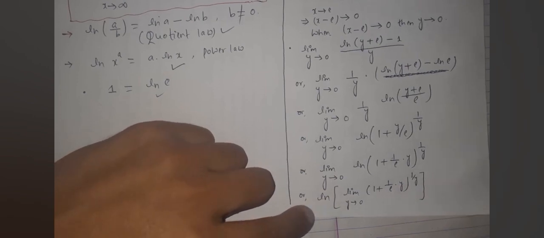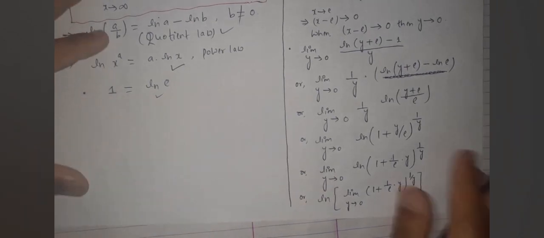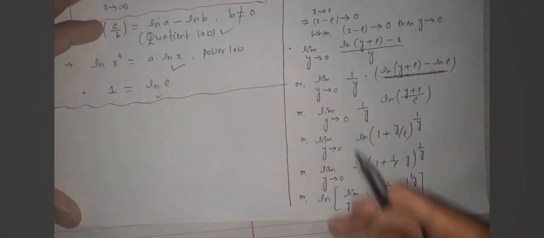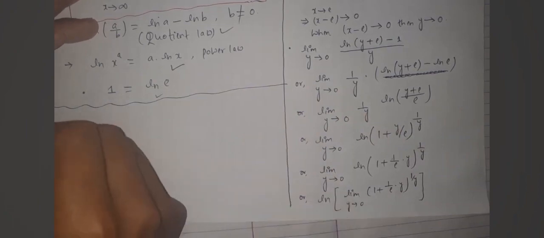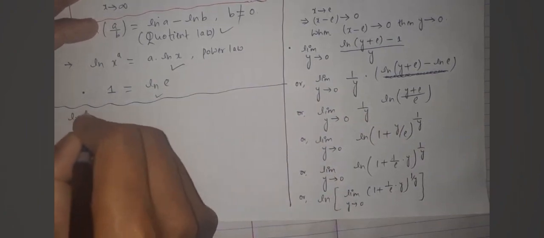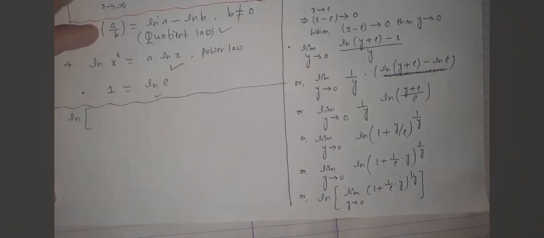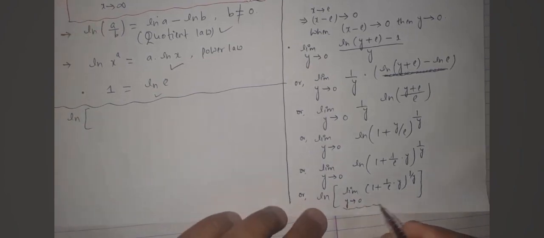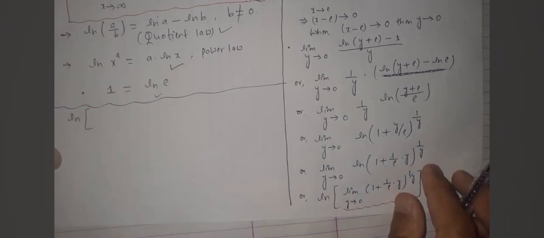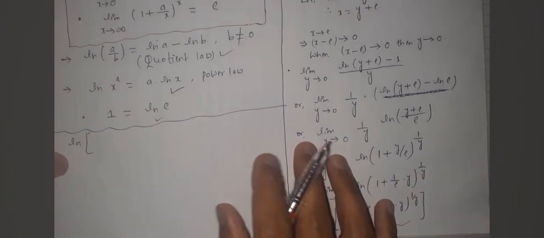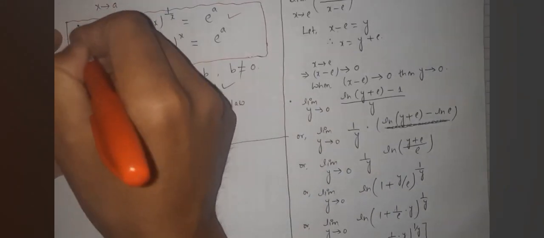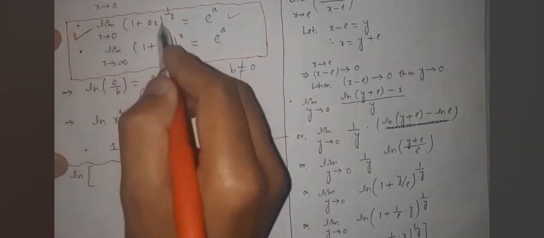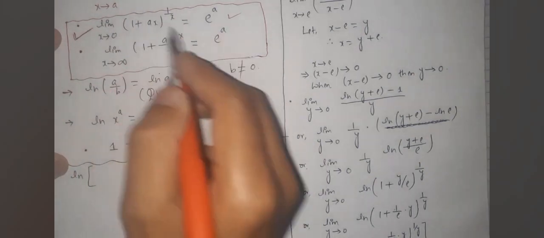Here we just use the first property. Inside the ln, the variable approaches 0, so this expression looks like this formula, and we have to use this formula.